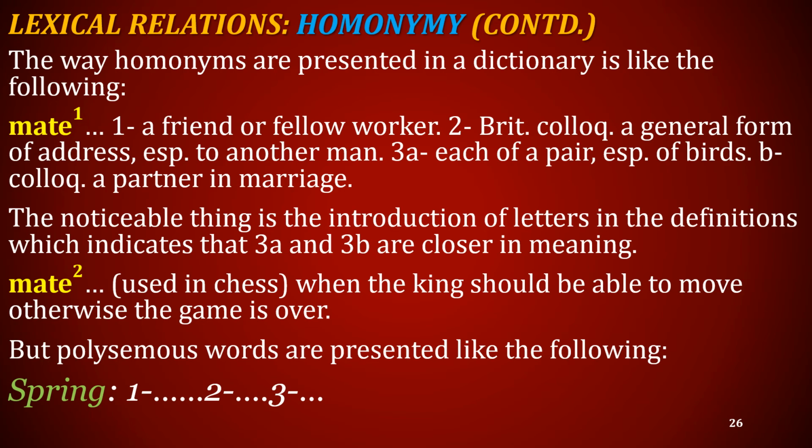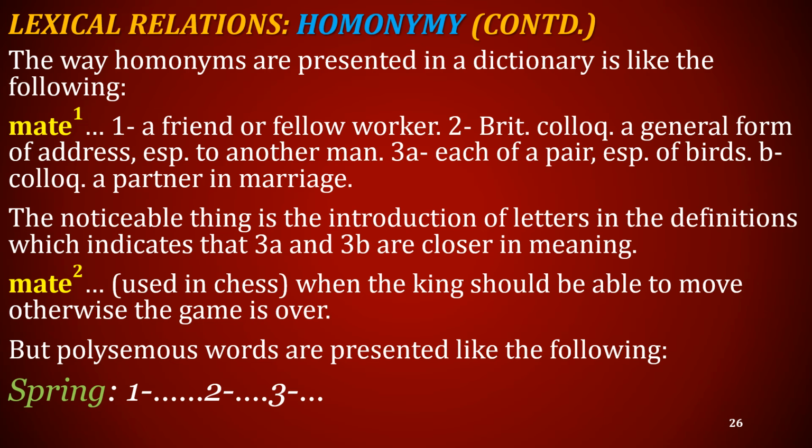But there is a point here, and that is, among the senses given for a homonymous word, like the first mate, there is a close relationship. Even the fact that for the third definition we have A and B shows that the relationship between A and B is closer than the relationship, for example, between 1 and 2, or 3A and definition number 1.